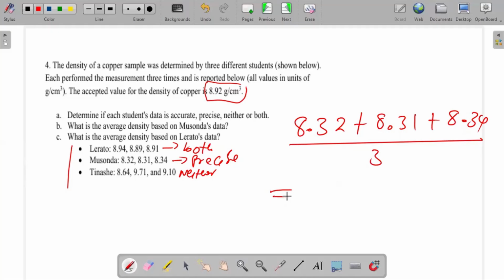So give me the final answer to three significant figures. 8.32. Okay, that's the average, isn't it?